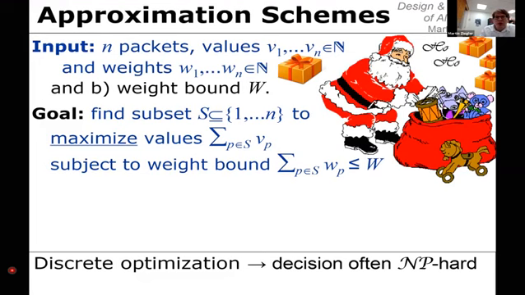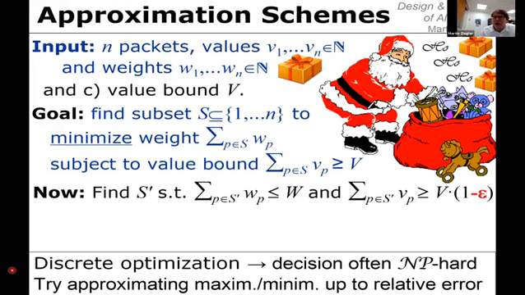Or it can be considered as a minimization problem, where now the values are considered as hard constraints. You must return values at least capital V. How small can you make the weight in order to attain that value? Minimization problem. So for a minimization problem, the approximation ratio is larger than 1. For maximization problems, the approximation ratio is less than 1.